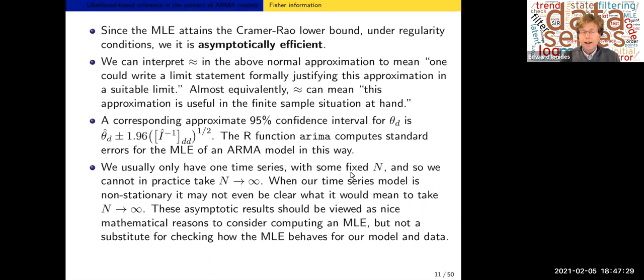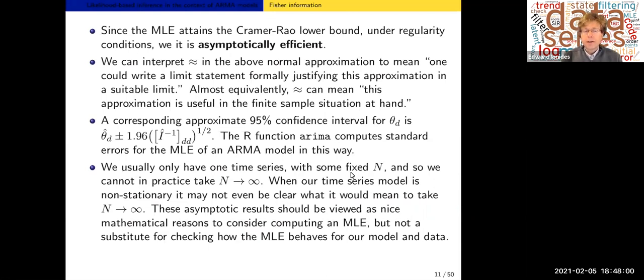On the previous slide, I wrote this approximately equal sign, which whenever you see approximately equal, you start thinking, well, what does that mean? And so I'll say something about that. It could mean two similar but slightly different things. One is that one could write a limit statement formally justifying this approximation in a suitable limit.